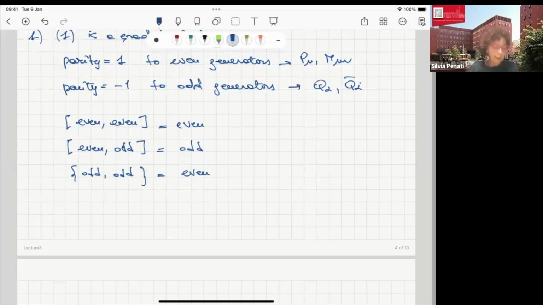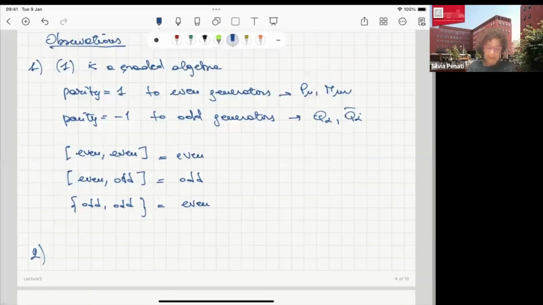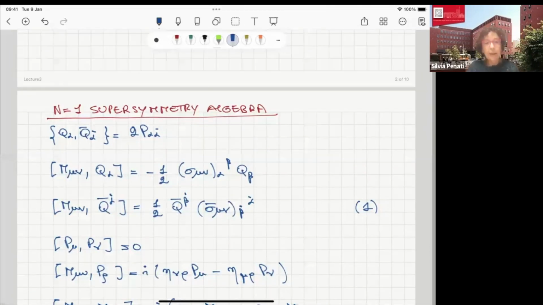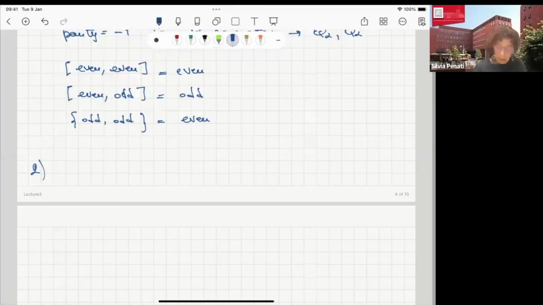Fine. Okay. The second important observation is that because of the nature of Q and Q bar, remember Q and Q bar are the entries of the Majorana spinor, therefore, in our set of conventions, Q bar is nothing but the complex conjugate of Q. Therefore, the algebra that I wrote down above has an extra U(1) symmetry, which acts on Q and Q bar.